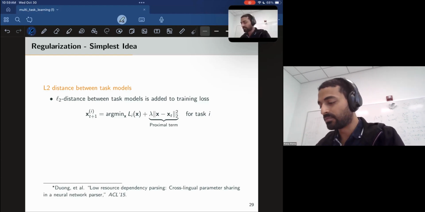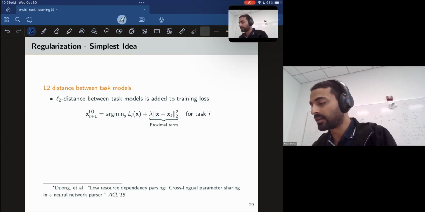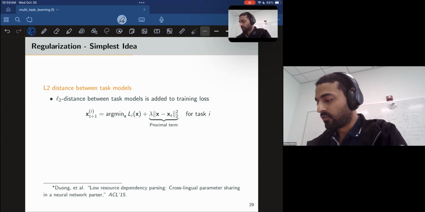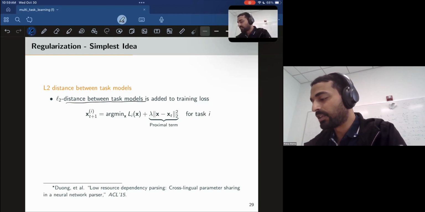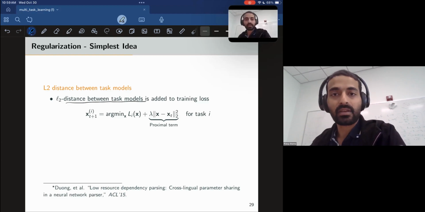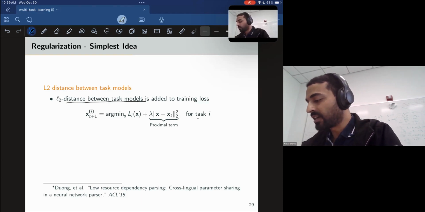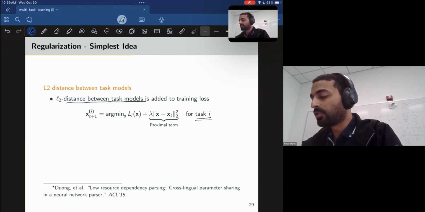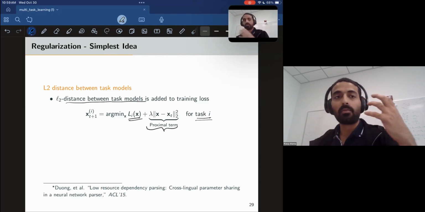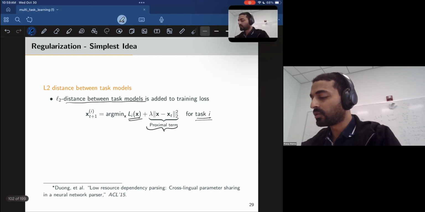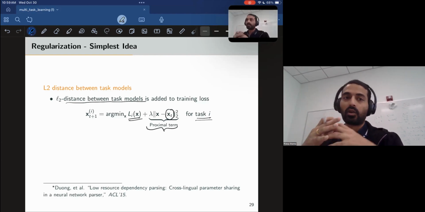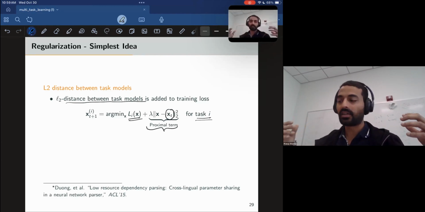And that was indeed the simplest idea people came up with. So we bound the L2 distance between task models. What we do is, for task I, we try to minimize the loss for that task, but we also want to make sure that this new model is closer to some global model, right?